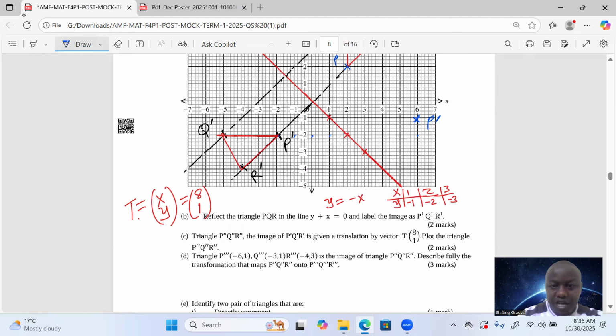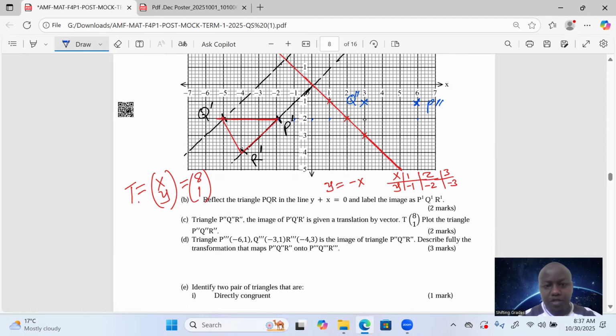You move again for Q. You move 8 units, 1, 2, 3, 4, 5, 6, 7, 8, and 1 unit upwards. So you'll find yourself at (3, -1). That's Q double prime. Then what about R?